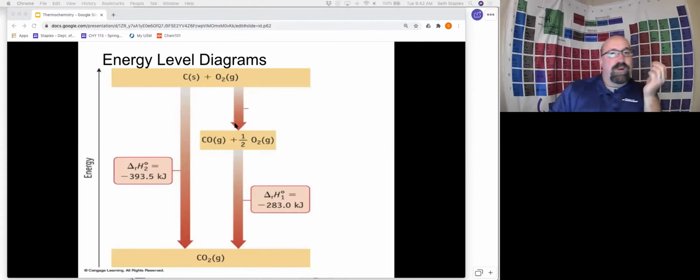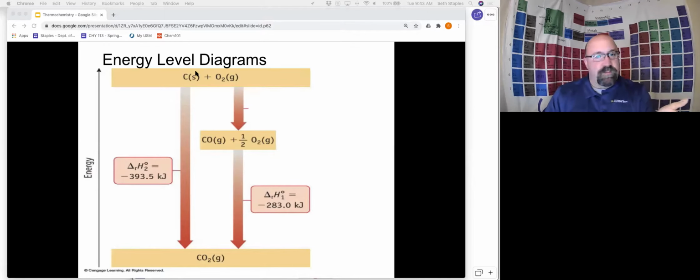So remember, what a state function tells us is that if we want to go from here to here, it doesn't matter how we get there as far as the energy is concerned. We can either go directly, or if we took that route, those two steps instead, first this reaction and then this reaction, that still gets us there.